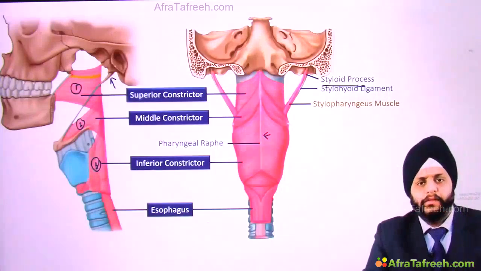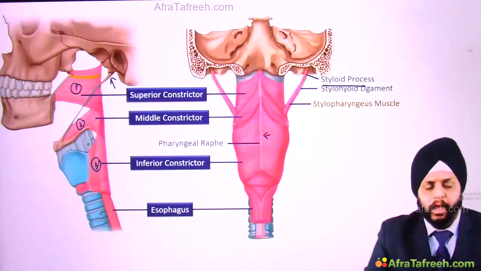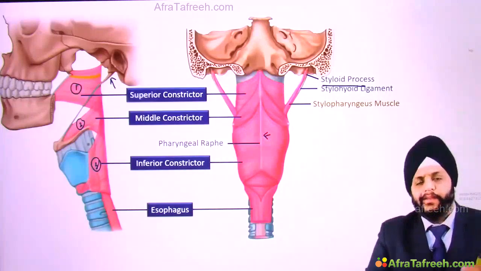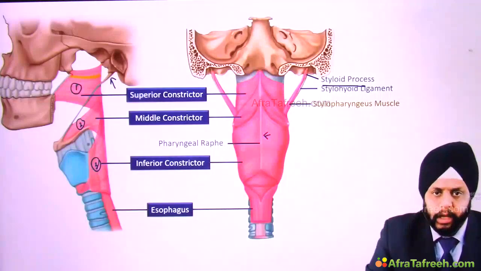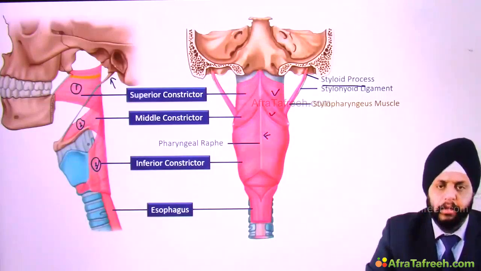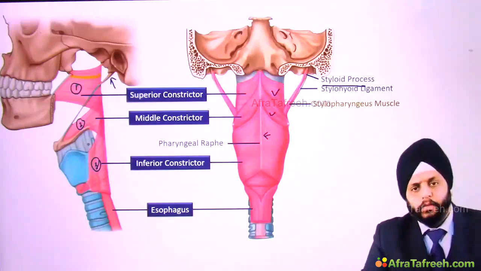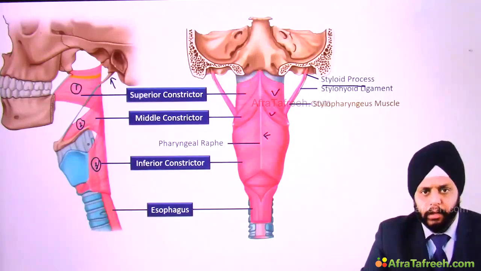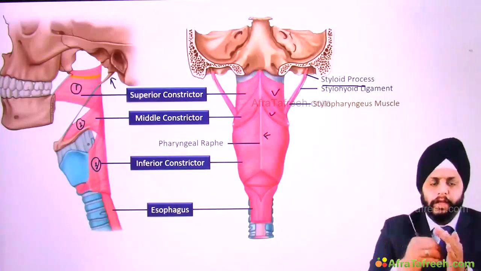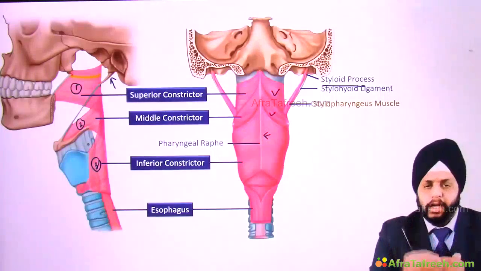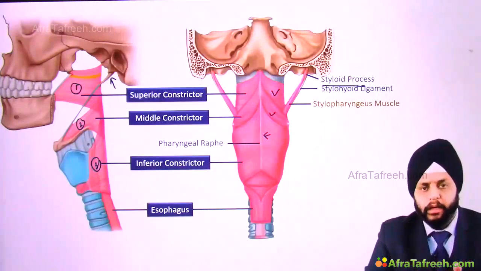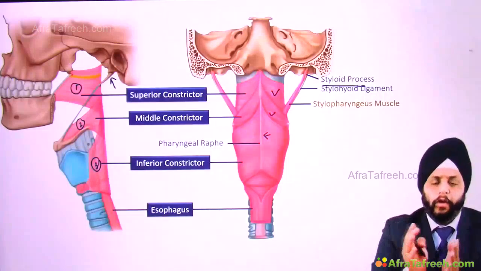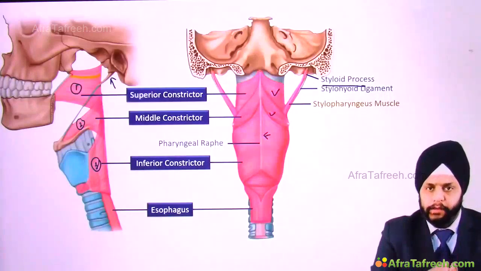So this muscle is known as stylopharyngeus muscle, and you can see that this muscle is entering into the pharynx between the superior and middle constrictor. Alright, so we'll talk more about this muscle. Okay, so we can see the stylopharyngeus muscle, it is entering into the pharynx between the superior and middle constrictor muscle. So it forms another layer of the pharyngeal wall.